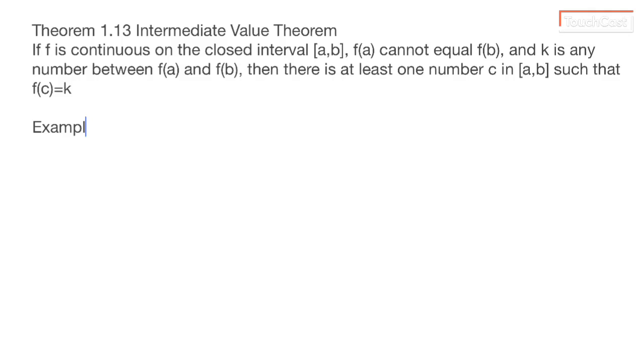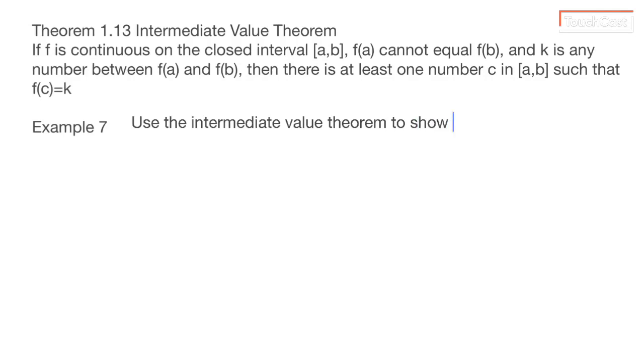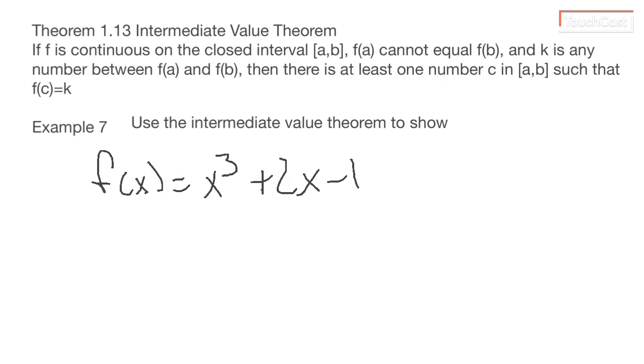Let's use this idea in example 7, where we're going to use the intermediate value theorem to show that this function f of x equals x cubed plus 2x minus 1 has a 0 on the closed interval 0 to 1.